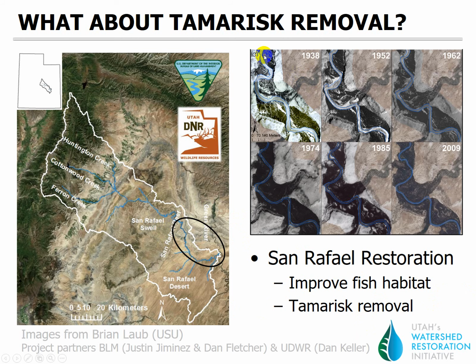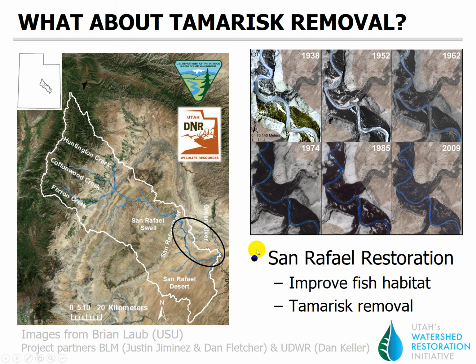It's a system that used to be much more active, but due to changes in water development in the upper basin and the flow regime, and then introductions of tamarisk, an invasive, salt cedar is another name for it, invasive species that's come in and caused the channel to narrow dramatically and be much less active, such that you have sort of a bowling alley there. And the goals here were to improve fish habitat, break up that bowling alley, and also remove tamarisk.